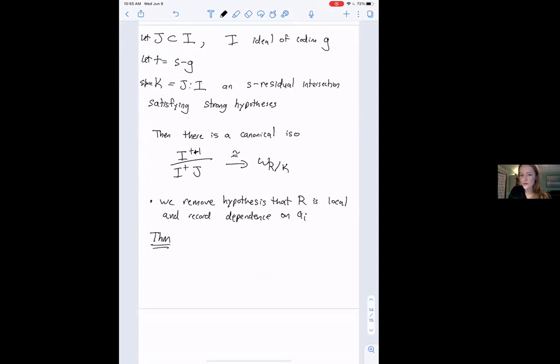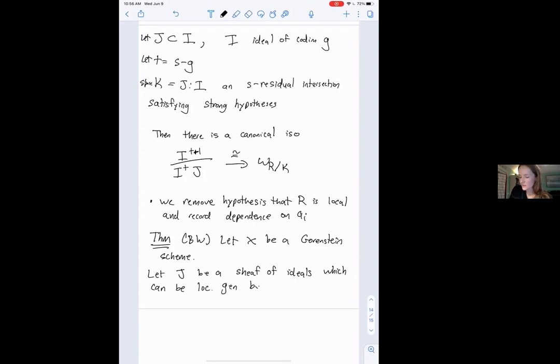Theorem. Let X be a Gorenstein scheme, let J be a sheaf of ideals which can be locally generated by S elements.